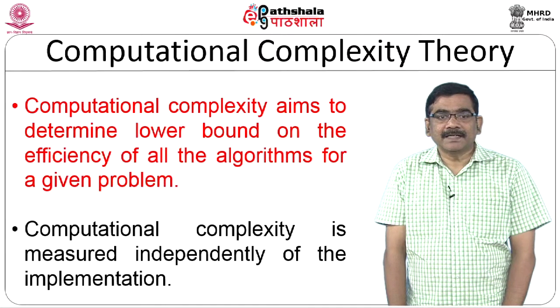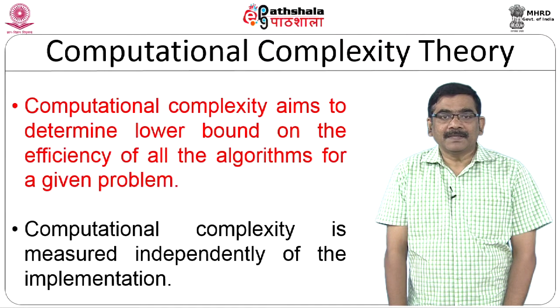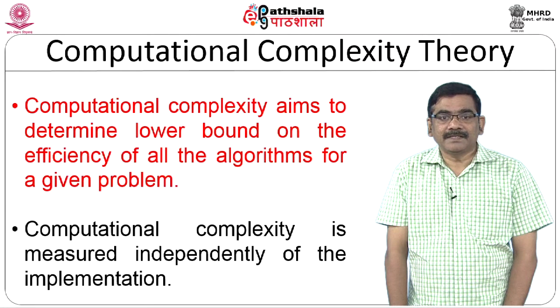Computational complexity theory, on the other hand, aims to determine the complexity of the problem itself. In other words, it tries to find the lower bound on the efficiency of all algorithms for a given problem.